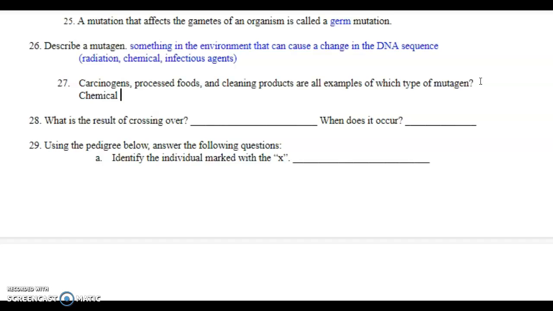28 said, what is the result of crossing over and when does it occur? Okay, remember we talked about crossing over back when we talked about meiosis? Crossing over is when your chromosomes are lined up in homologous pairs. Chromosome 1 from mom lined up with chromosome 1 from dad, chromosome 2 from mom with chromosome 2 from dad, and so on.